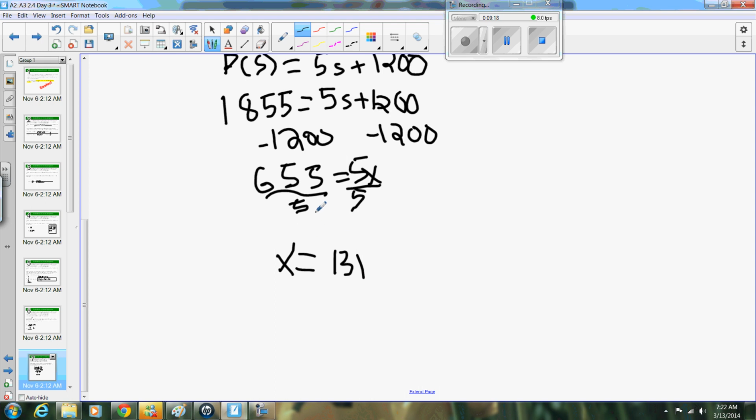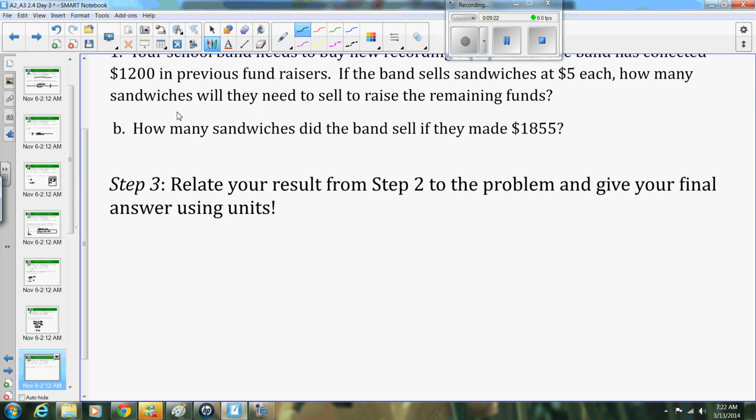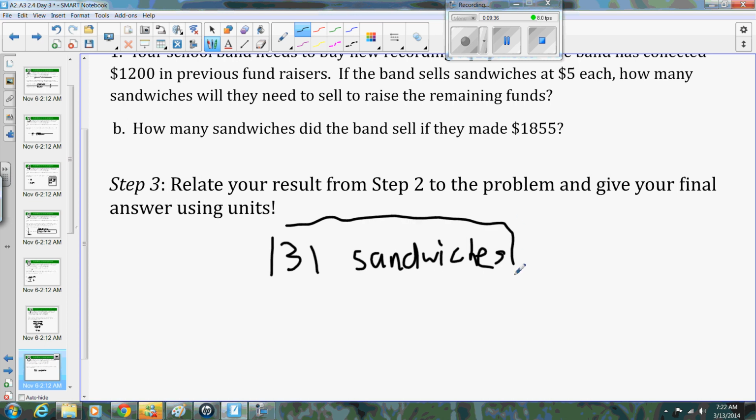But wait, that's not my final answer. Why? If you remember, relating my result from step 2 to give my answer using units. So what's my units, quote unquote, here? 131 sandwiches. Right. Okay, good. Final answer, 131 sandwiches.